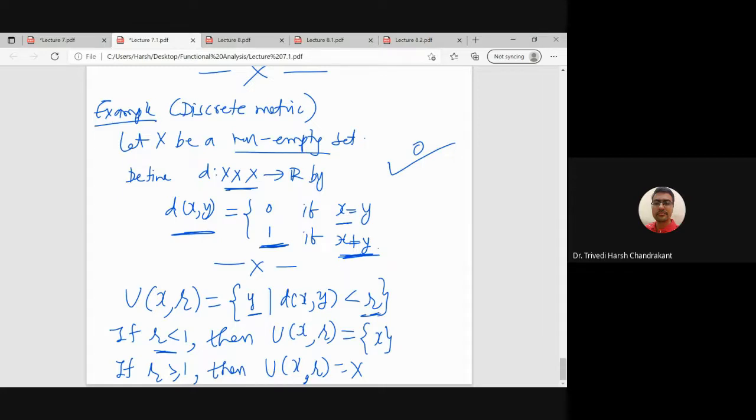Open sets. So in other words, what are the basic open sets? They are either singletons, right? Because this we get for every x, or the whole set.